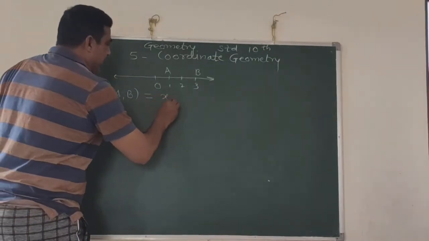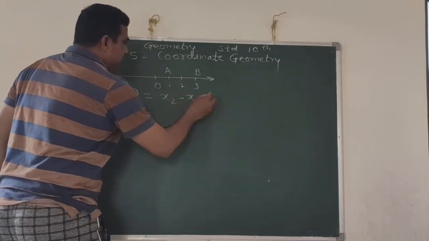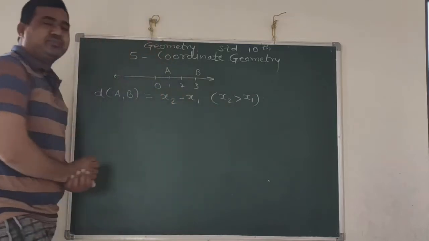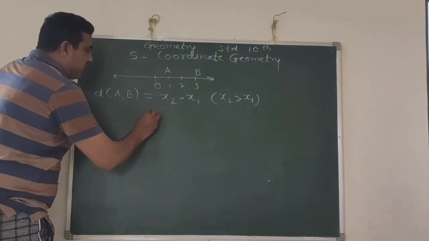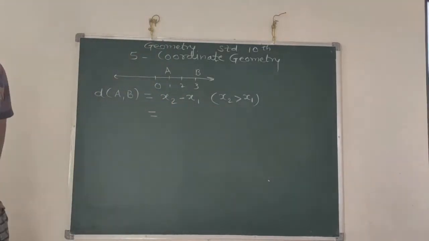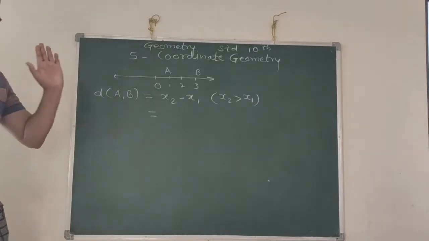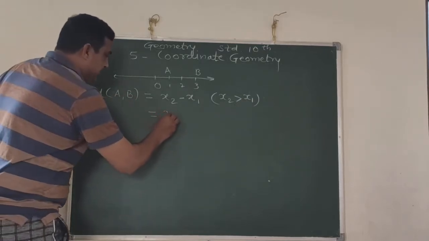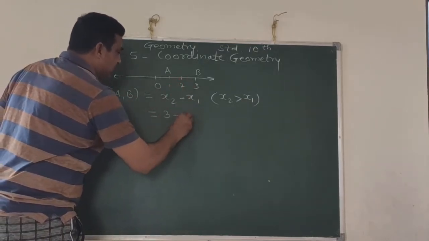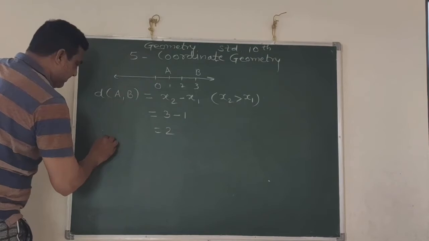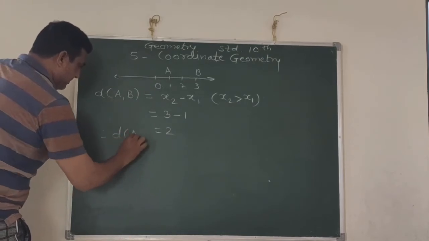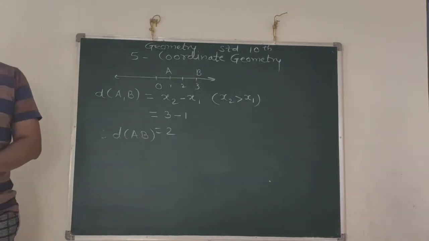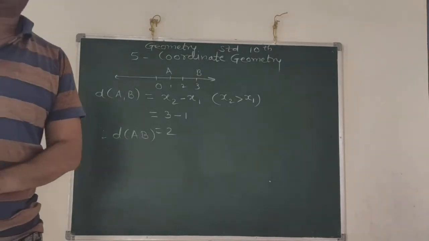So here x2 minus x1. Here we are considering x2 is greater than x1. The coordinate on the right-hand side of the number line is greater, so here 3 is greater. 3 minus x1, that is 1. So distance AB is equal to 2 units.